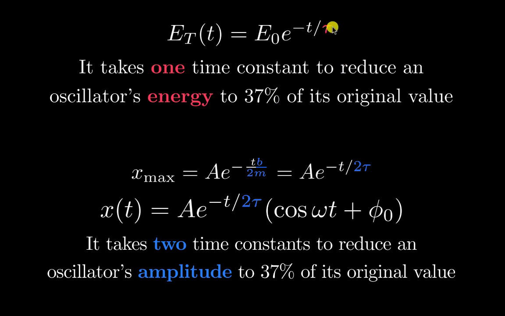I just highlight this because this is a confusing distinction. We went through this work to define tau, so why on earth does the amplitude depend on 2 tau? Well, we often deal with the amplitude when working problems, but the reason that tau is defined the way it is is because of its relationship to the energy of the oscillator.